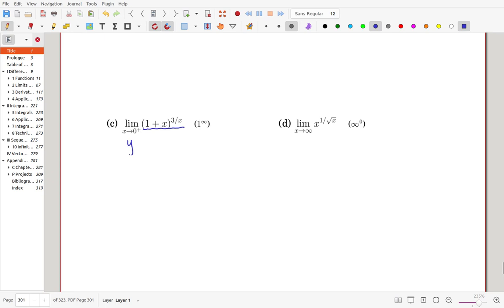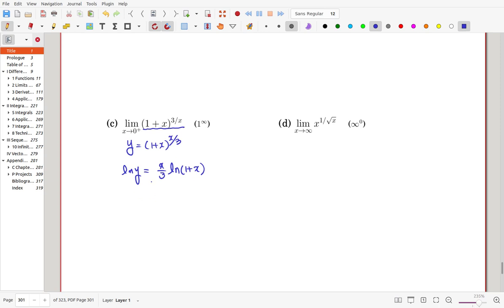Then if we say y equals (1 plus x) to the x over 3, then take a logarithm, both sides, natural logarithm. Then here, this will be used as power, so that x over 3 and natural logarithm of 1 plus x. Right? Okay, x is approaching 0, then this term is approaching 0, right?